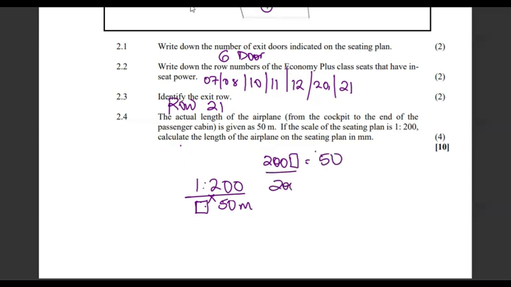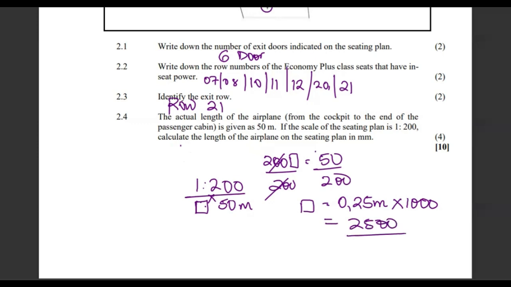So we divide through by 200, and we find the answer to be 0.25. These are meters. Multiplied by 1,000, we get 2,500 millimeters.